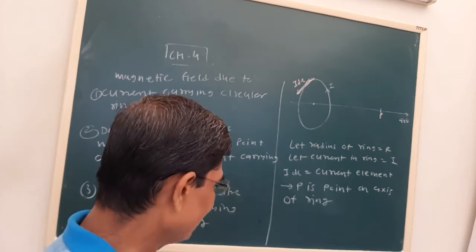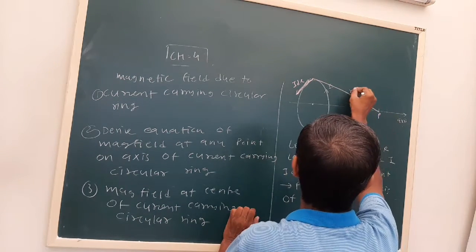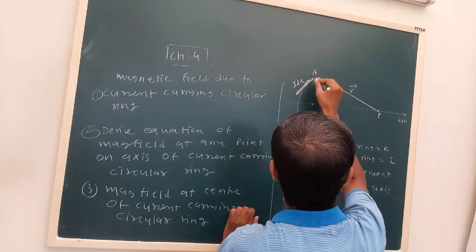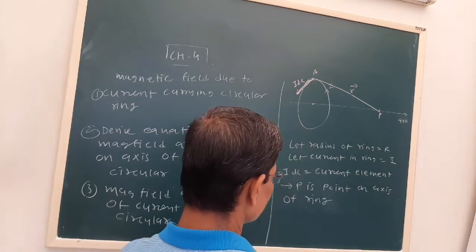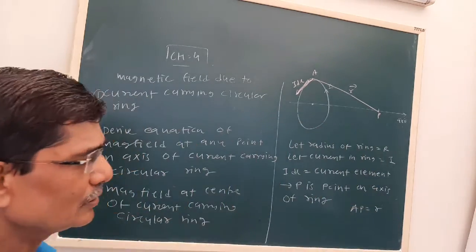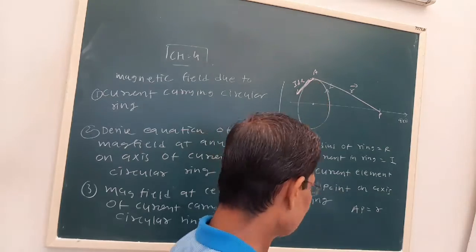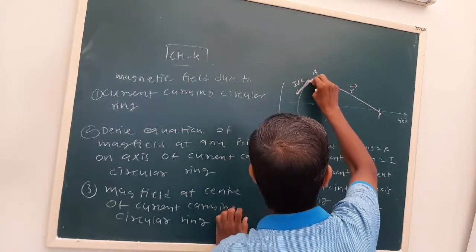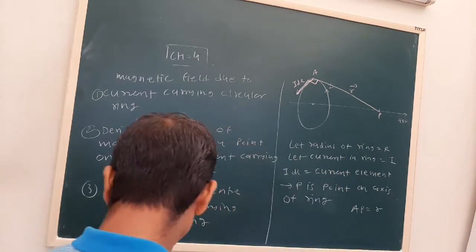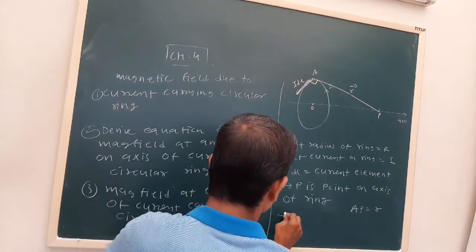From point P we have a position vector R. Let us say AP is R. We are familiar, from a point outside the circle it will always be tangential, like this. Now O is the center of the ring.